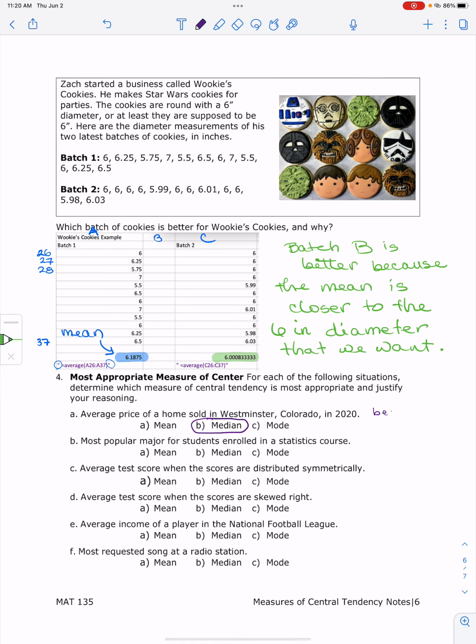Because the super expensive outliers would affect the mean, right? It would pull it up towards that super expensive home.